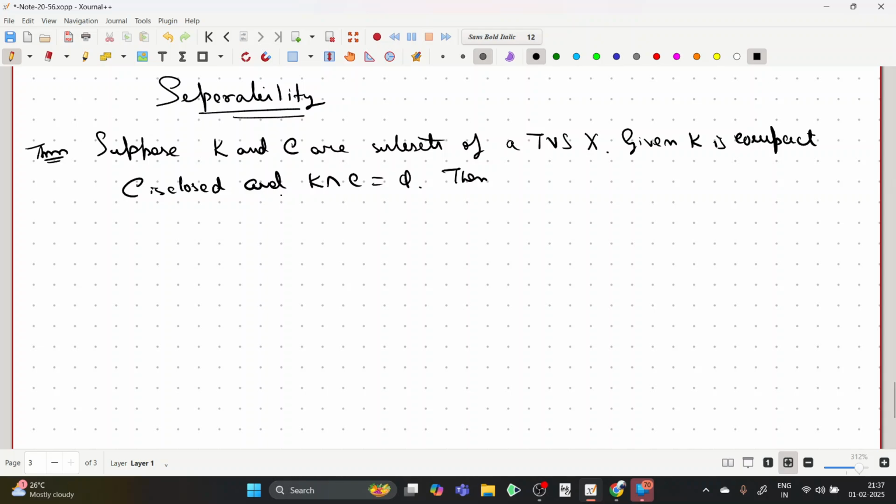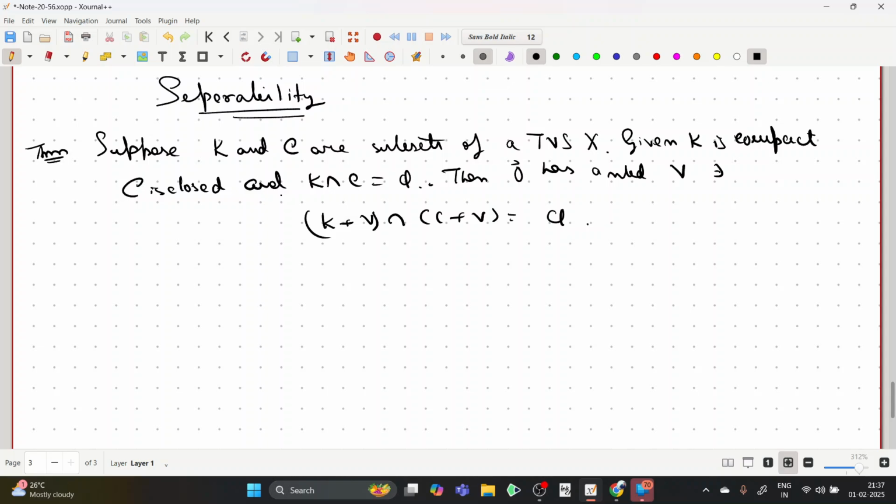Then the origin has a neighborhood V such that K plus V intersection C plus V is empty as well.